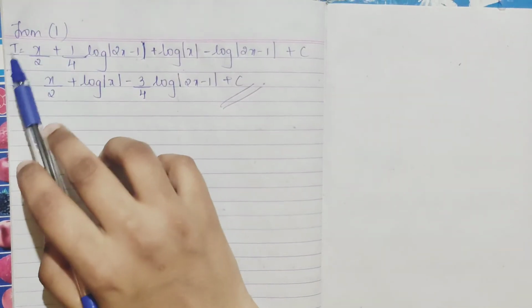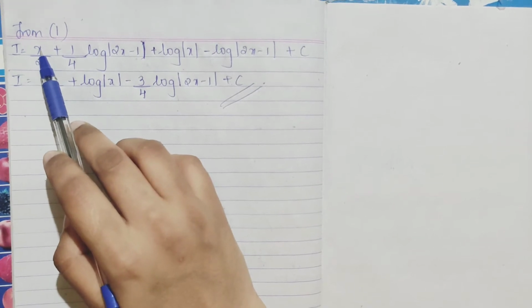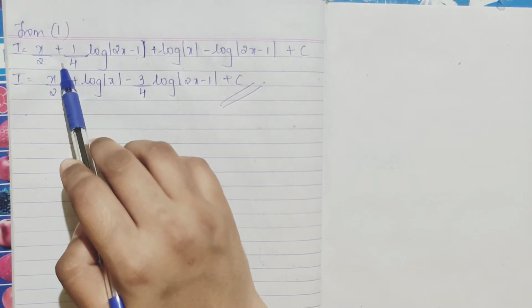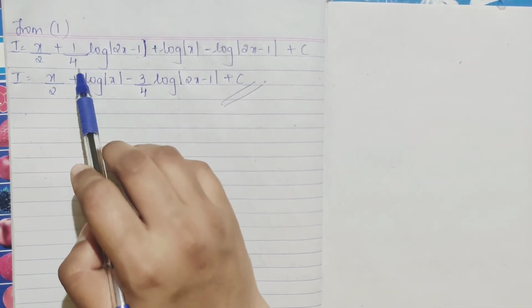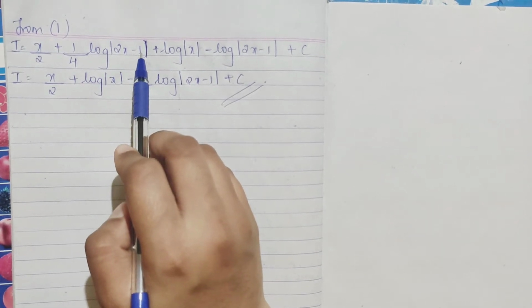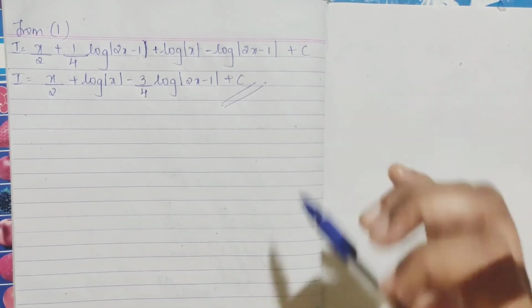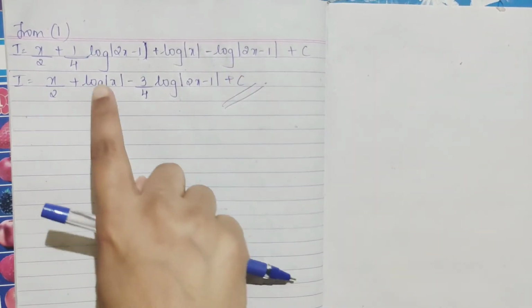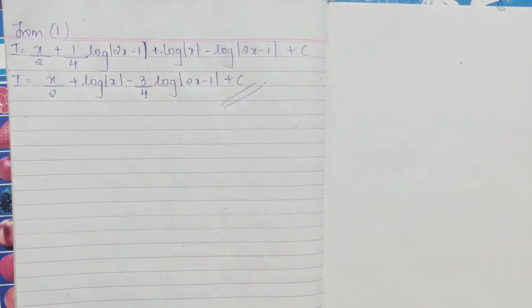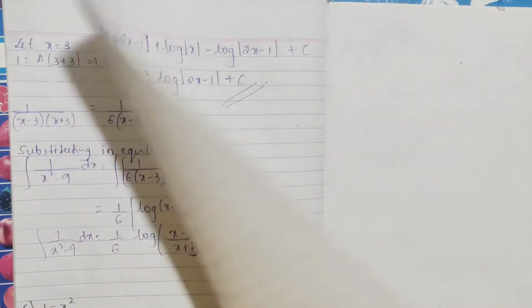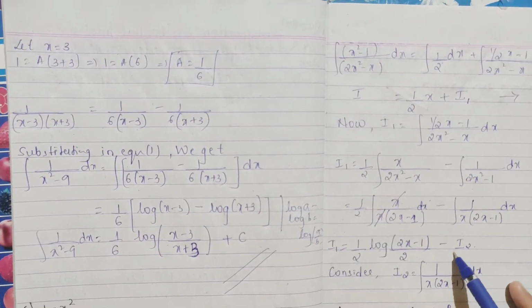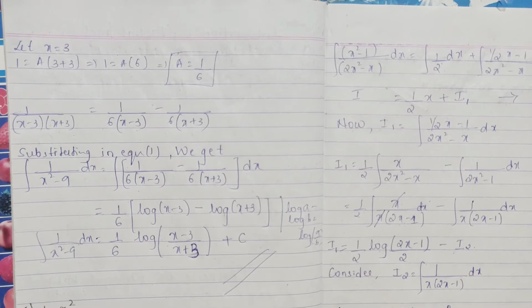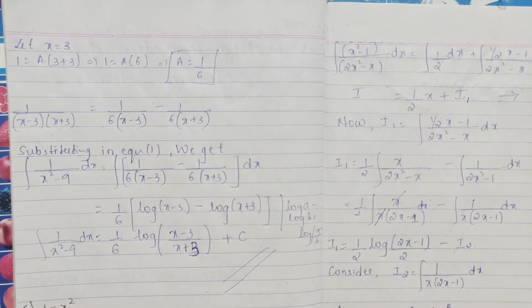So from 1, I is equal to 1 by 2x, that is x by 2, plus your I1 was there. I1 was what, 1 by 4 log 2x minus 1, yes it was 1 by 2 log 2x minus 1 by 2 it was. So 2 to multiply, you will get 1 by 4, minus I2 it was, right? Here you can see it was minus I2, and already in your I2 you had got minus log mod x.